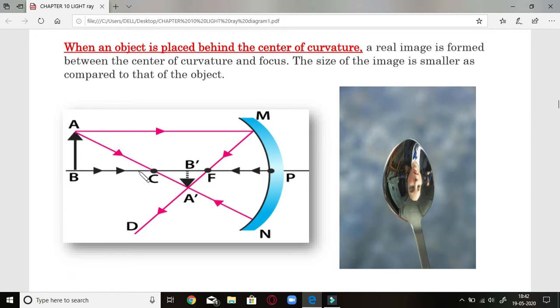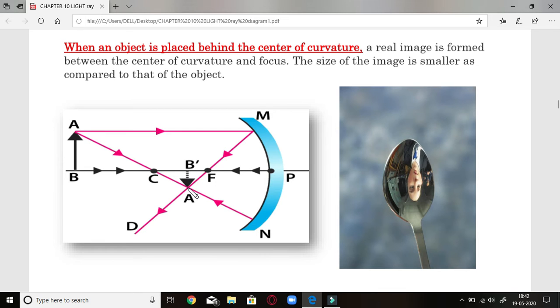The second ray we have selected here is passing through the center of curvature. So this ray is passing through the center of curvature and retracing its path back because it is at 90 degrees. Reflect it up to the mirror. Don't leave it in between, but reflect it up to the mirror. You will see that they will cut at this point. Now this is the image which is formed.